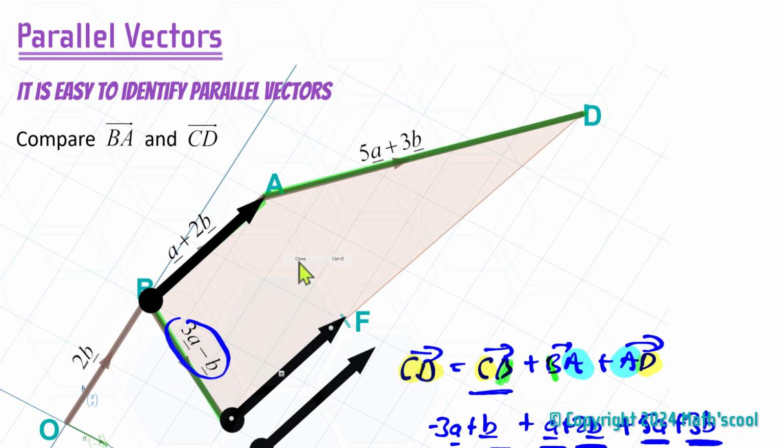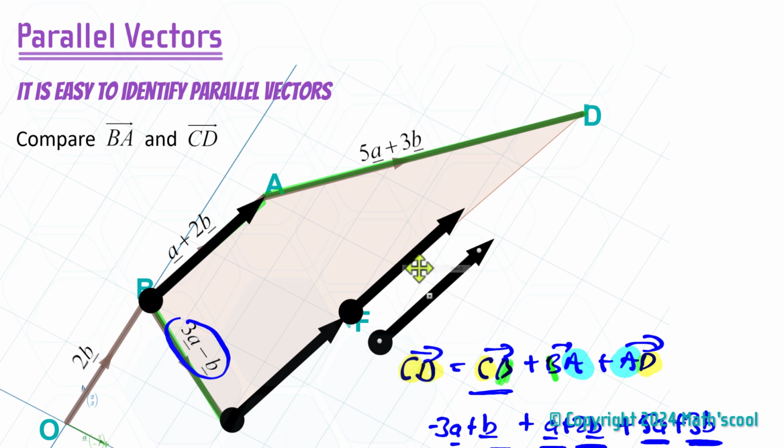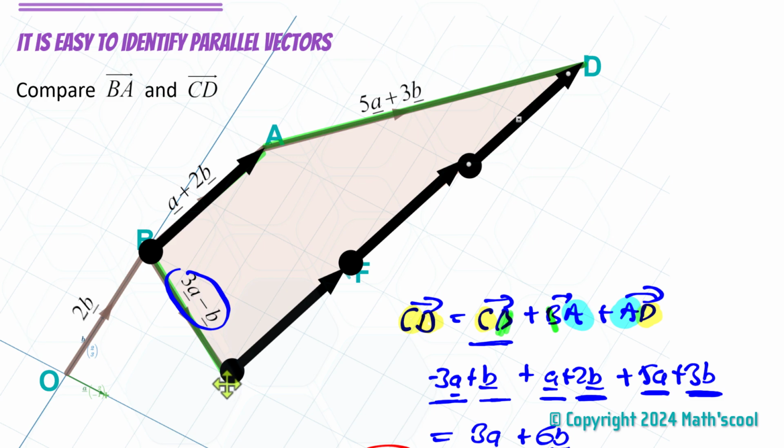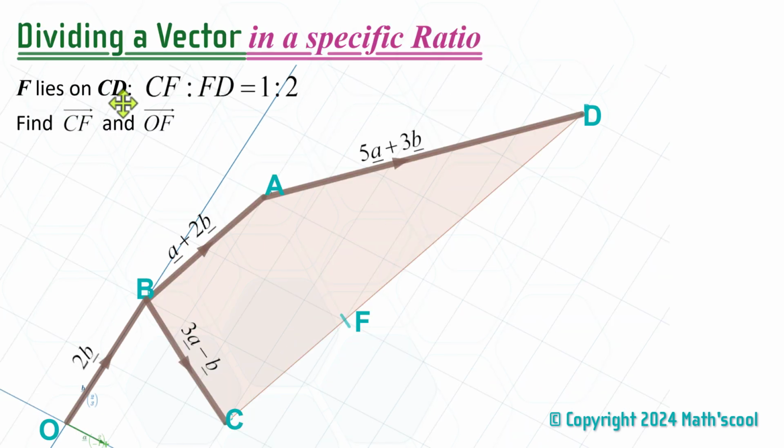And you clone it again, and you clone it again, and you should find 3 of them is equal to what matches the length from A to D. So that vector BA, 3 of those vectors would give you the vector from C to D.